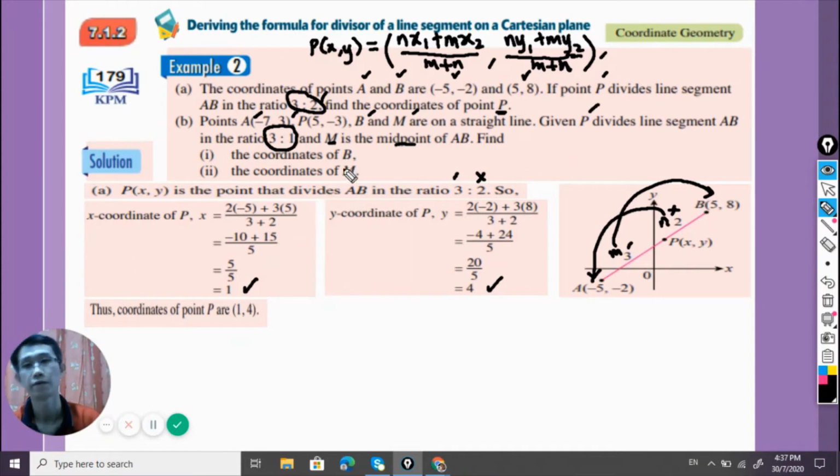Okay, so before we start to calculate the answer for B1 and B2, we do 2a.